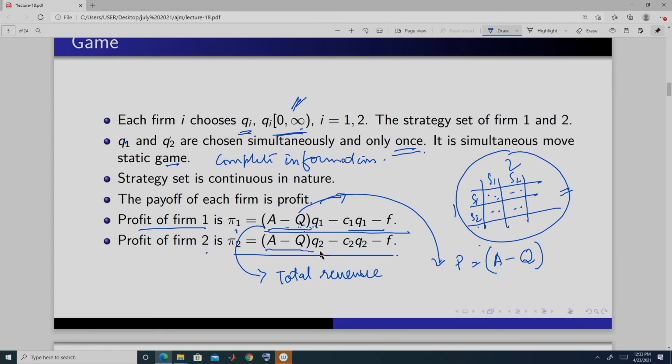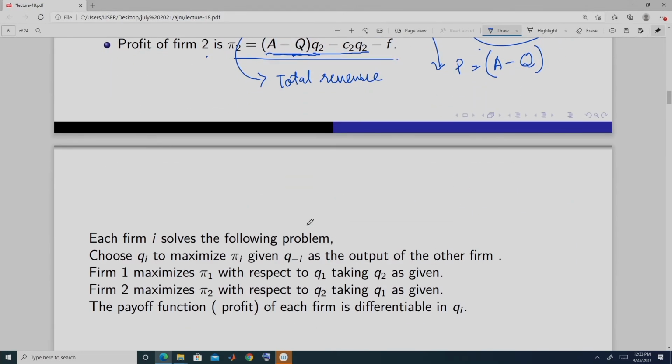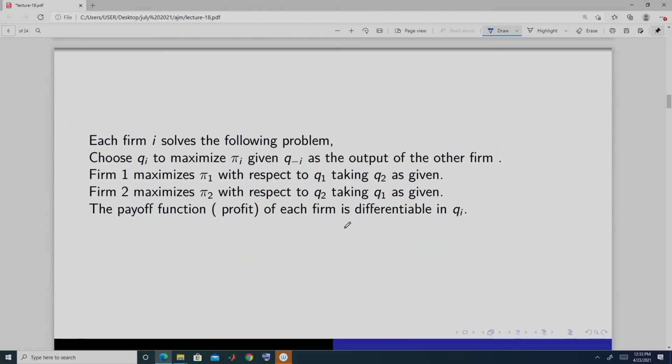Now, this is the price, because market price is going to be the same for each farm. So, this is the price into output of firm 2, Q2, minus the total cost. So, this is the profit of firm 2. So, firm 1 maximizes this, firm 2 maximizes this. Okay. Now, what does each firm solve? They solve this problem. Firm i will choose Qi to maximize this profit, assuming that there is some given level of output of the other firm, and this we represent in this way.